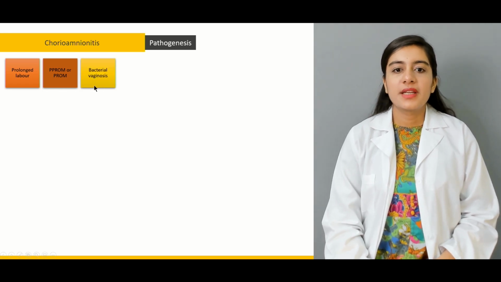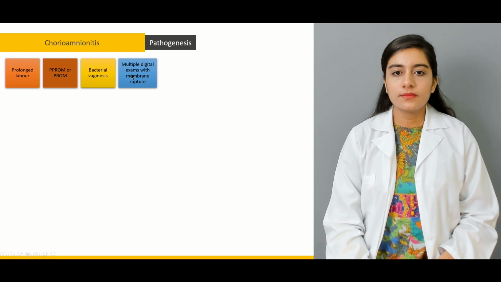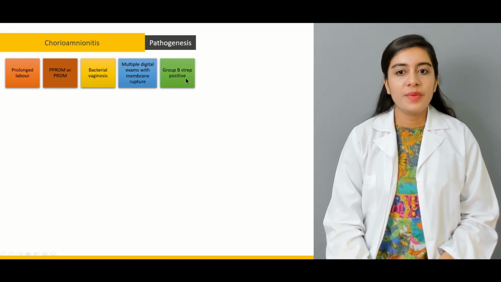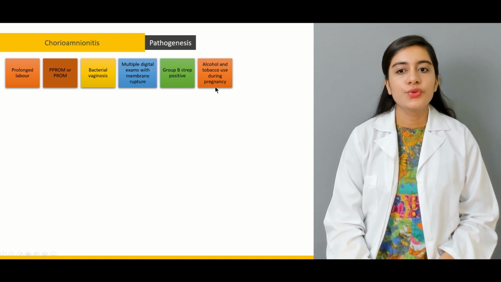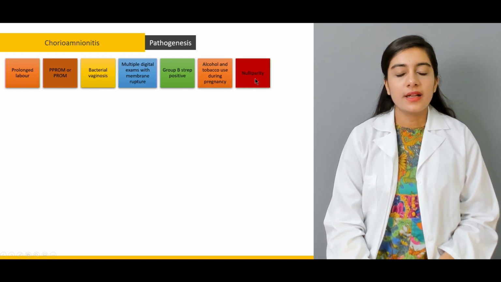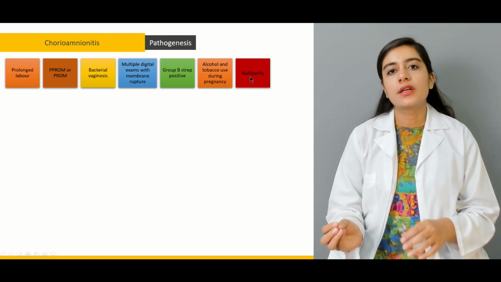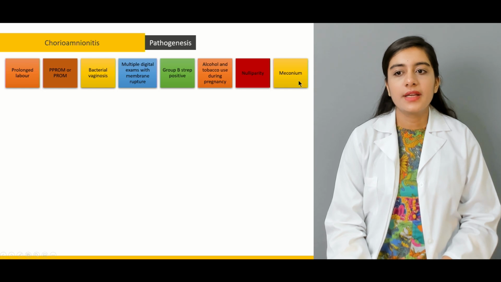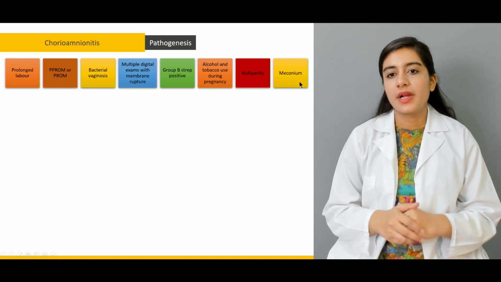Then we have bacterial vaginosis, multiple digital exams with membrane rupture, group B strep positive bacteria, alcohol and tobacco use during pregnancy, and nulliparity, that is when it is the first pregnancy of the mother, and then finally we have meconium.